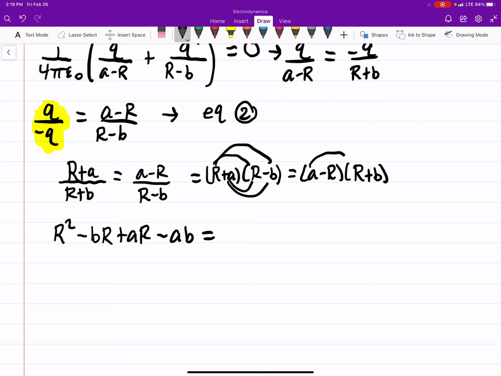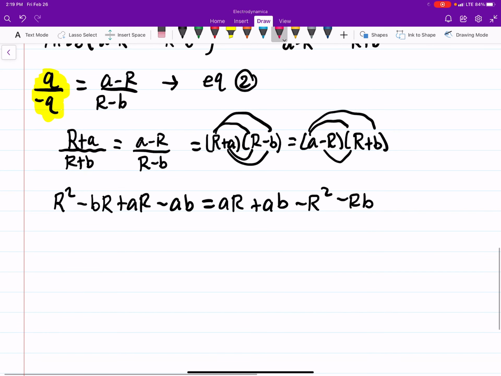And that's going to be equal to AR plus AB minus R squared minus RB. Okay? So what happens here? We have this and this will cancel. We add them over.